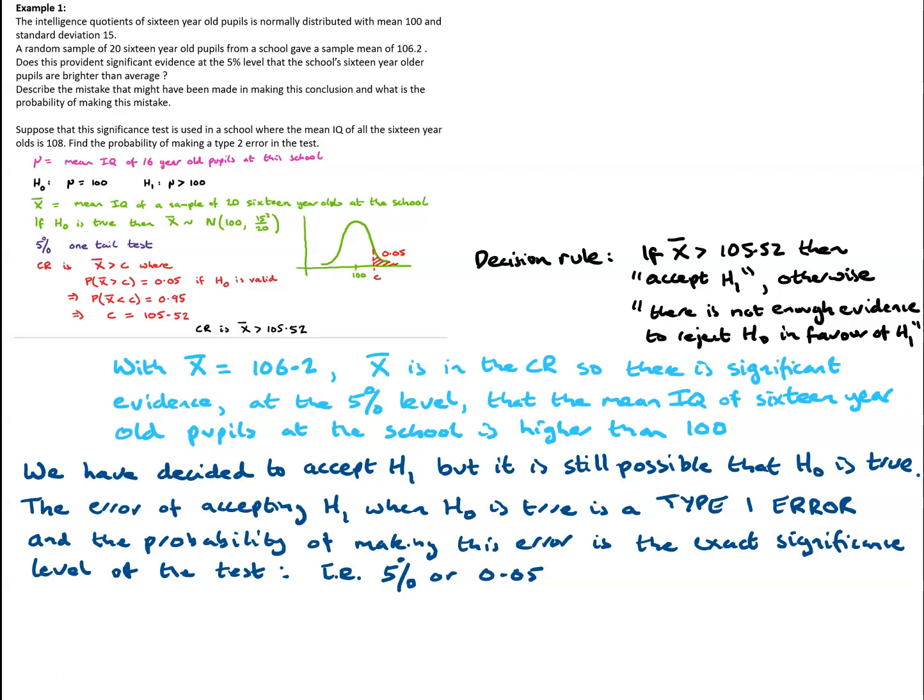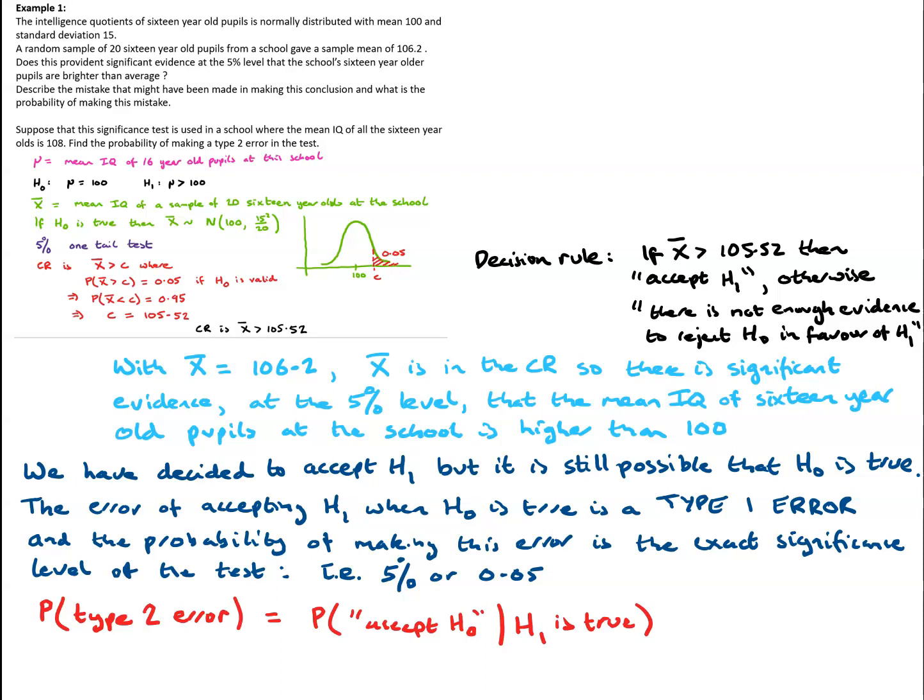If the significance test was used in a school where the mean IQ of all of the 16-year-olds is 108, then the probability of making a type 2 error in the test is the probability that we accept the null hypothesis when the alternative hypothesis is true.